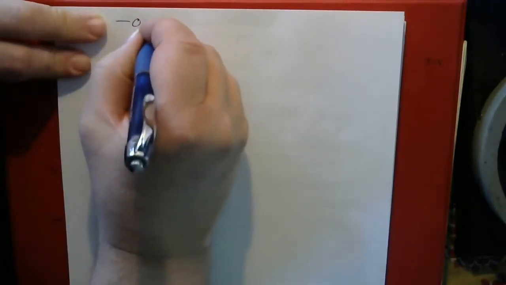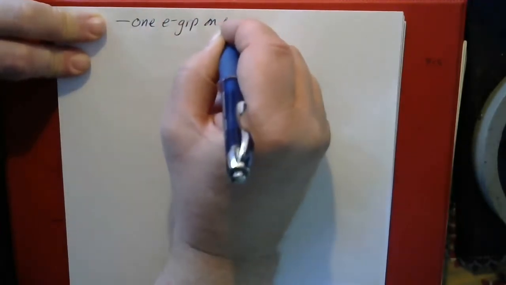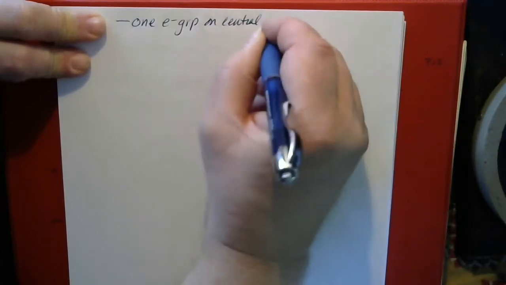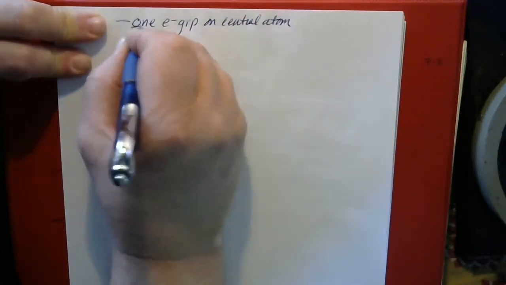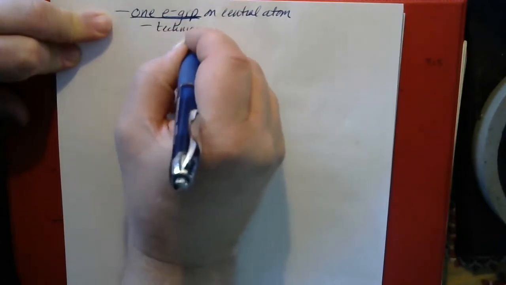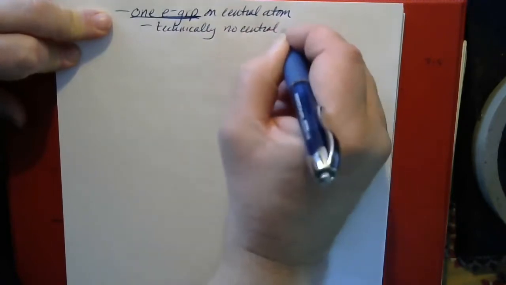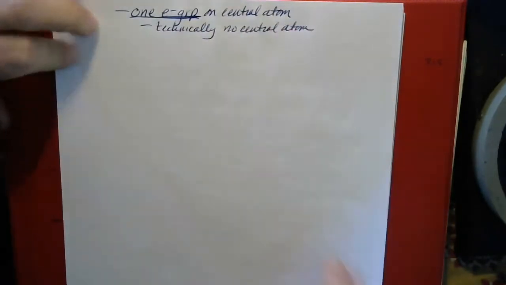Okay, so we'll start with one. One electron group on the central atom is a very simple case. Because, well, there's no central atom, first of all.